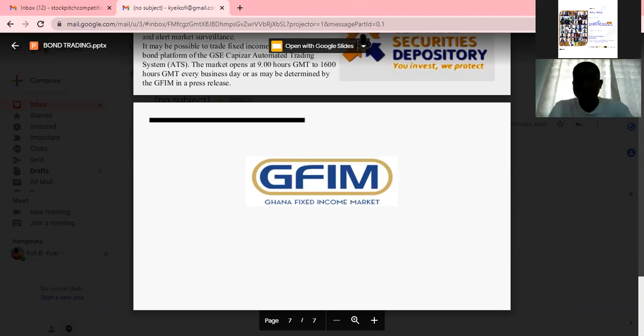The Ghana Stock Exchange is even looking at having the Ghana fixed income market as a standalone institution to also boost the volumes and values that are traded on the market. So I think it's very good for the fixed income market in Ghana.